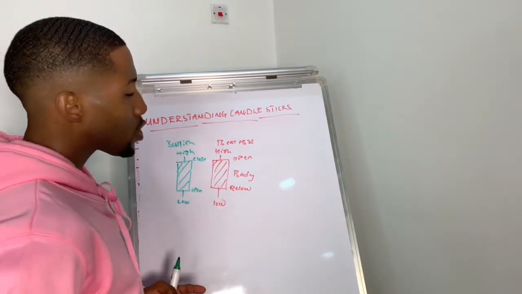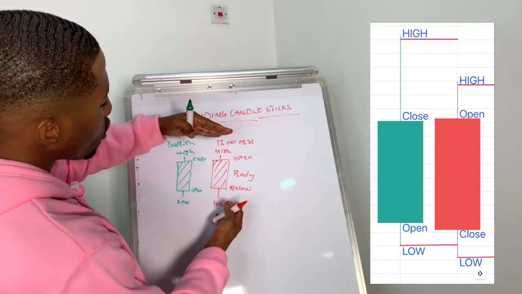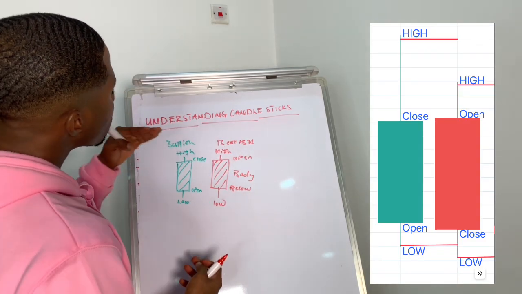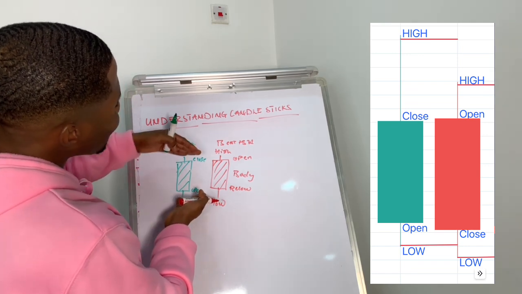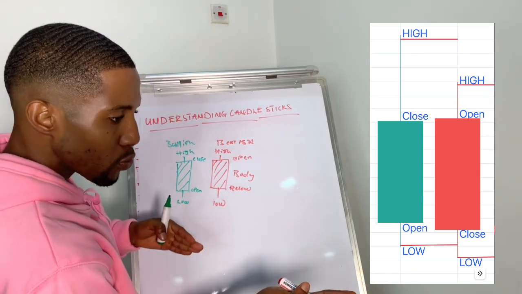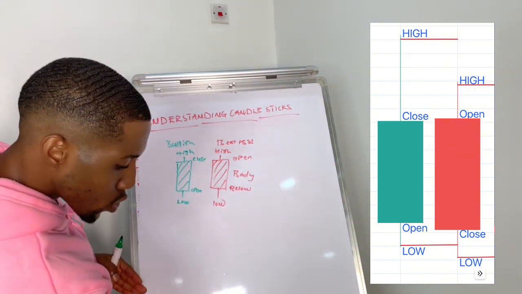For a bearish candlestick, which is red, the opening is above and the closing is below. For a green candlestick, which is bullish, the opening is below and the closing is above. Opened here, closed here, and for the sellers, opened up, closed under.